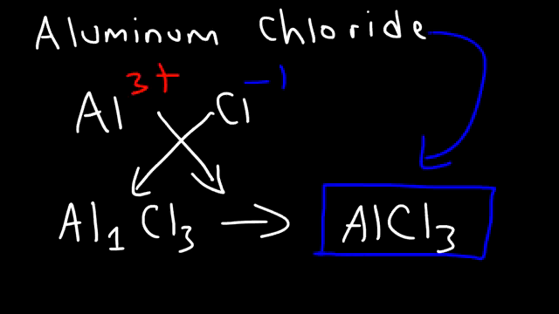Now let's make sense of it. So why do we need the 3? The answer is to balance the charges. We have one aluminum ion with a 3 plus charge. So the total positive charge in this compound is +3.